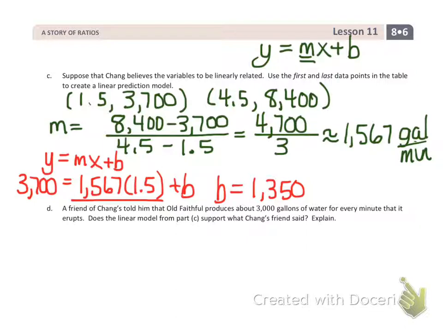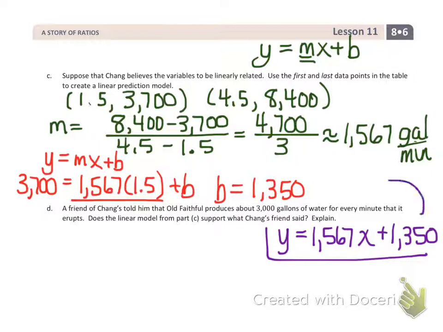Okay, so our linear model that predicts the amount of water, I'm going to write it in the other space, is y is equal to the slope, 1,567, times x, plus the y-intercept, 1,350. Okay, so that's my linear model. I should have written it up there, but I didn't have room.